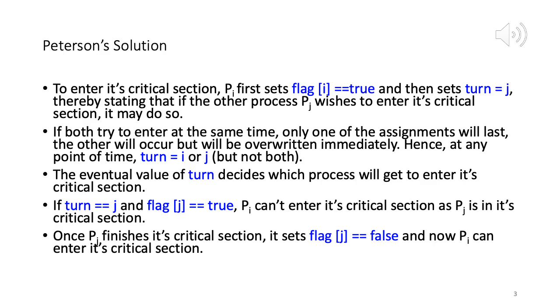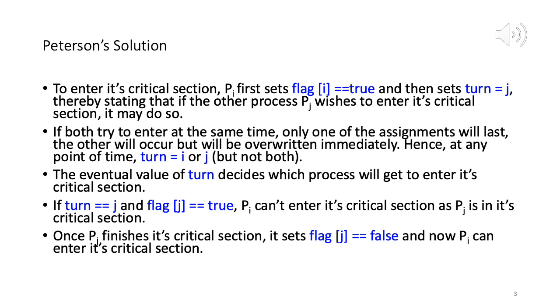Based on that, they set the flag as true, but it's eventually turn which decides which process gets to enter its critical section. If both processes try to enter at roughly the same time, only one of the assignments will last; the other will occur but will be overwritten immediately. Hence, at any point of time, turn is i or j but not both.